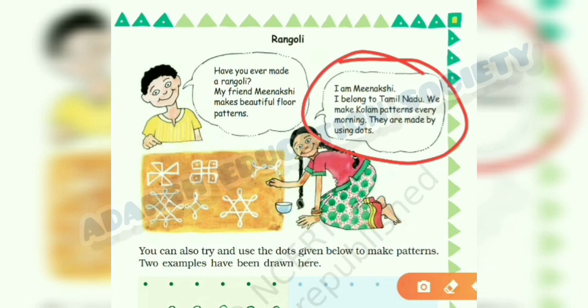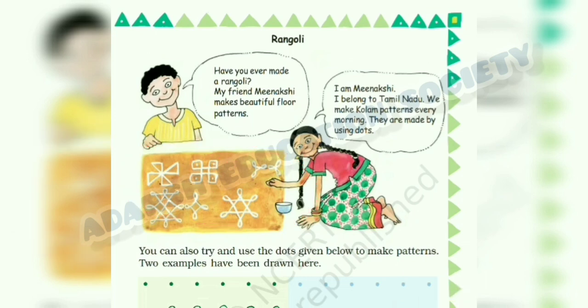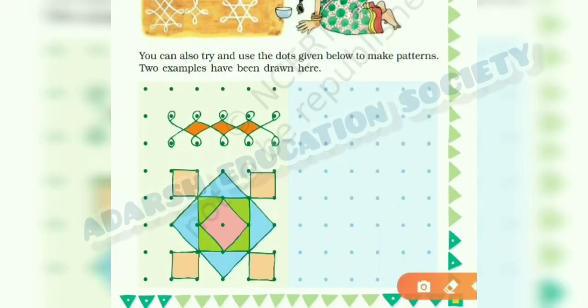Now how does Meenakshi make rangoli or column patterns? She makes column patterns by using dots. In this picture we can see Meenakshi making column patterns. In this we can clearly see the dots. She joins the dots and makes different types of column patterns. Next, you can also try and use the dots given below to make patterns.